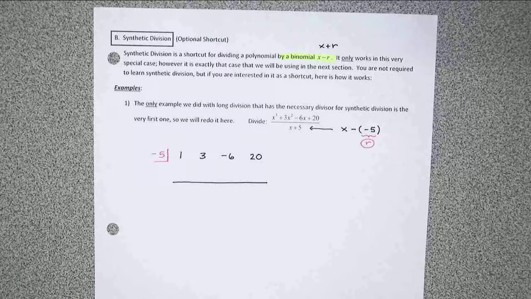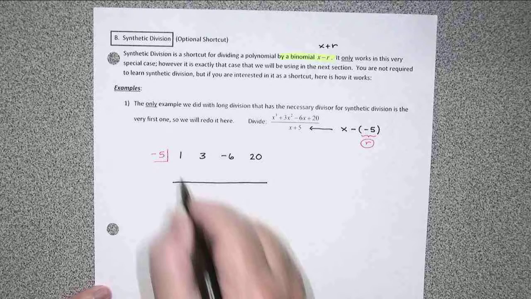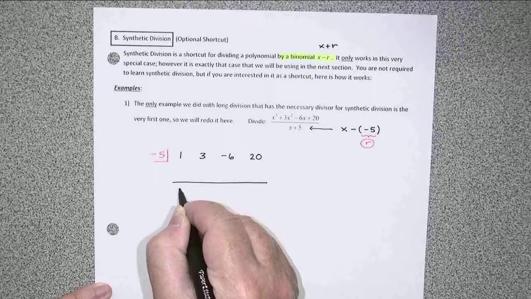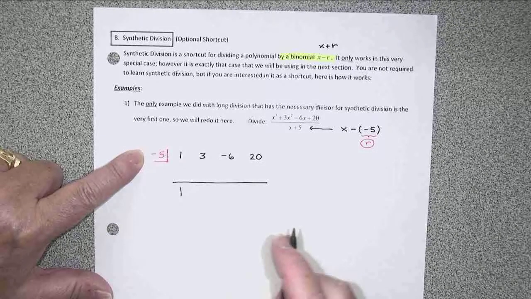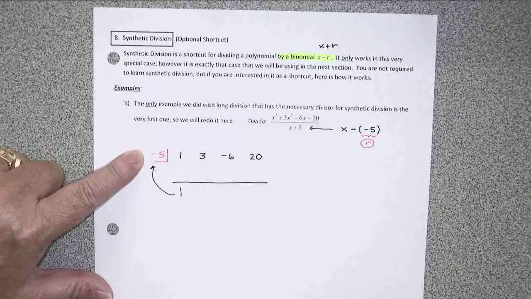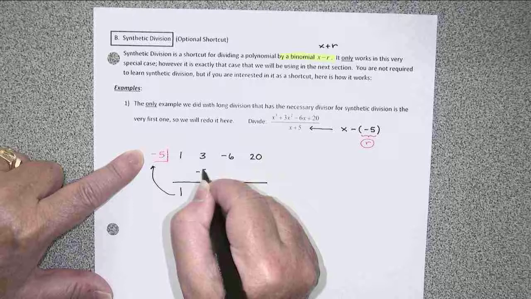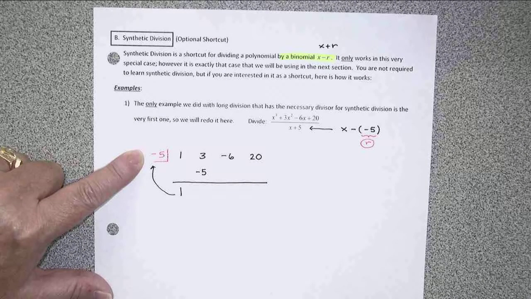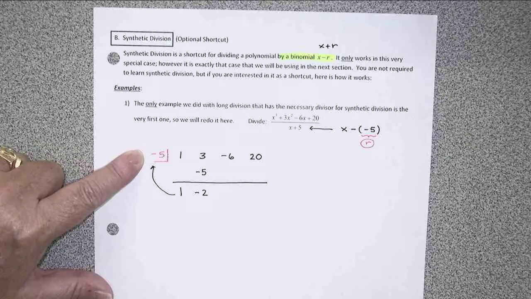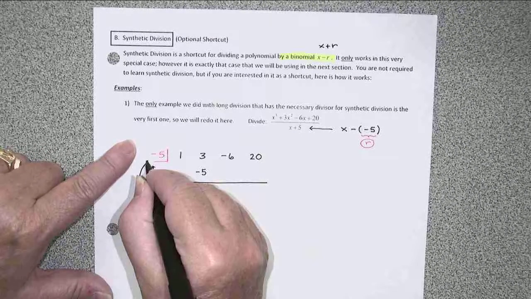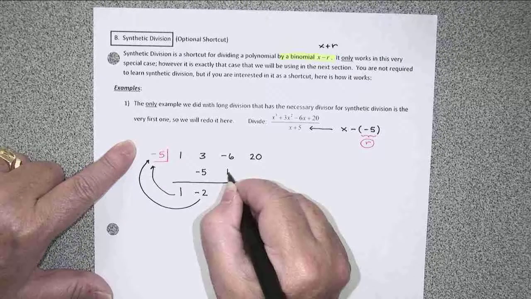All right, here's the pattern for synthetic division. I start by bringing the first coefficient down, the 1. Then I'm going to multiply. 1 times negative 5 is negative 5. Put it over there. And then add those. Negative 2. I'm going to continue the same process. Multiply, add. Multiply, add. So negative 2 times negative 5 is positive 10.